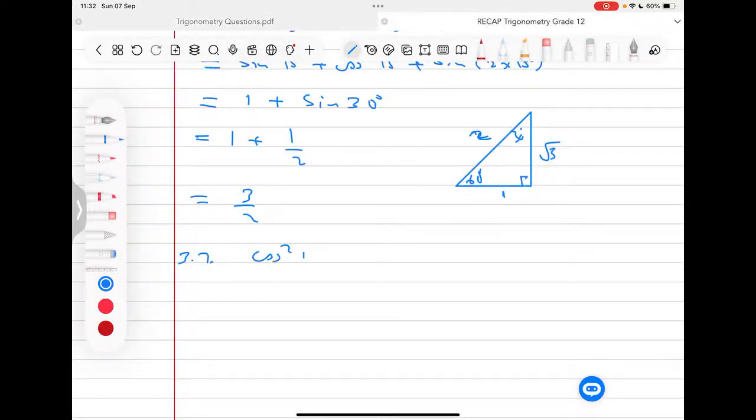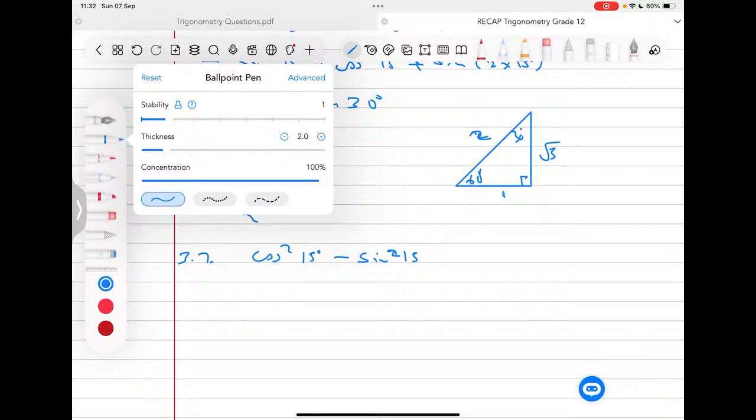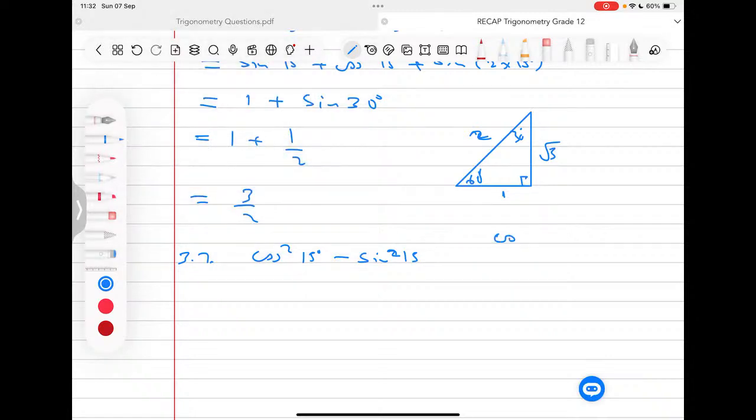So we are having a cos squared 15 minus the sine squared 15 here. When I look at this question, for me, what comes to mind is the identity that cos 2 theta is the same as cos squared theta minus sine squared theta. This is the identity that comes to my mind.